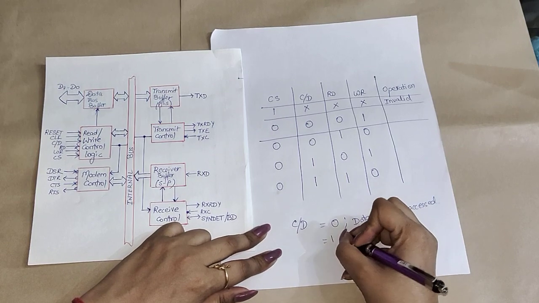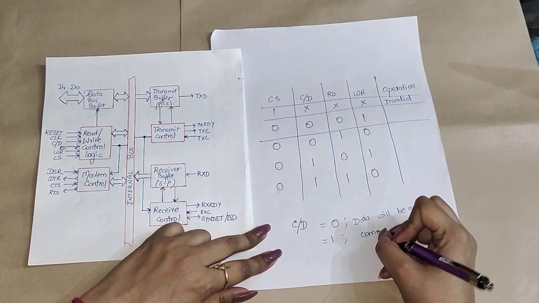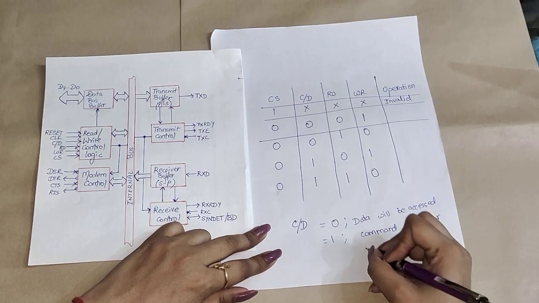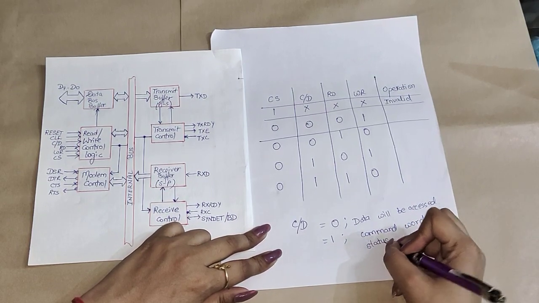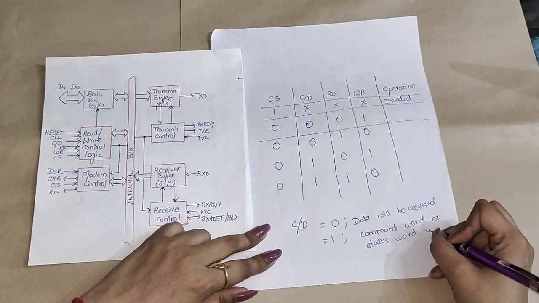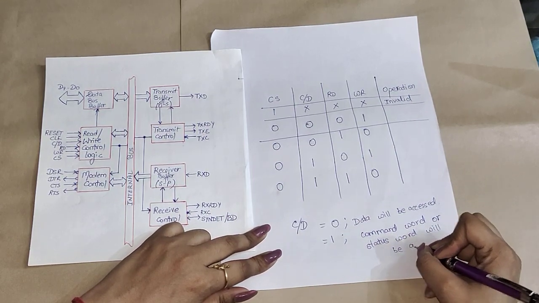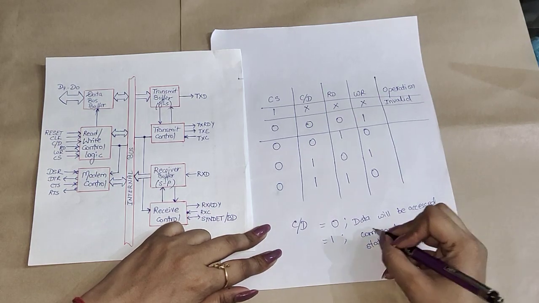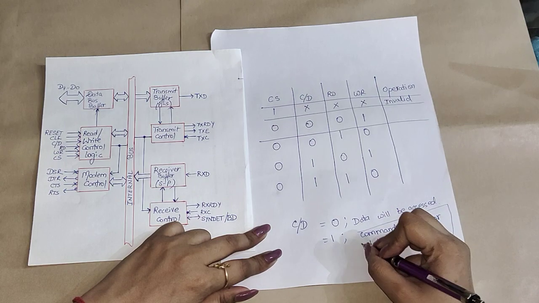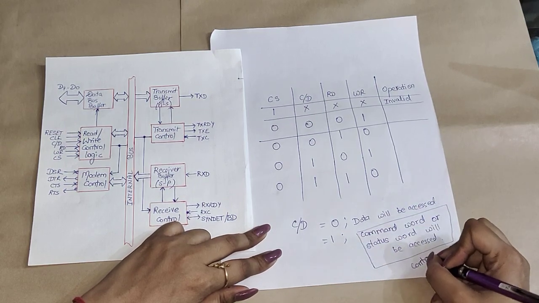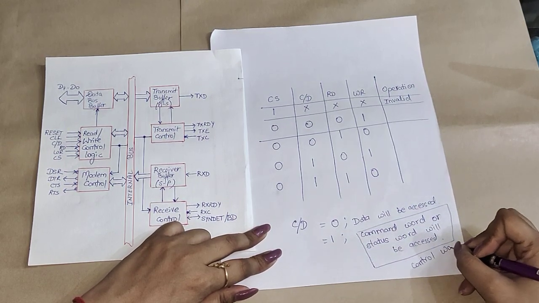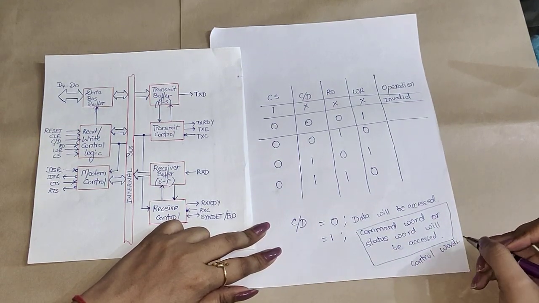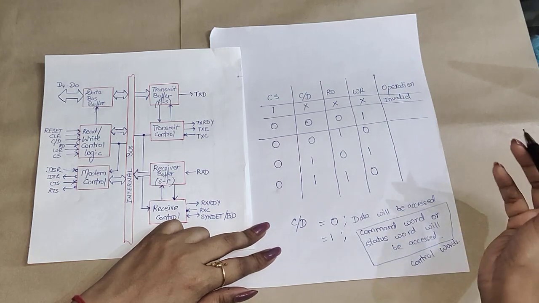And if it is 1, then command word or status word will be accessed. Now you may wonder what is this command word and status word? These are the control words of 8251, and we will study this topic after this topic.